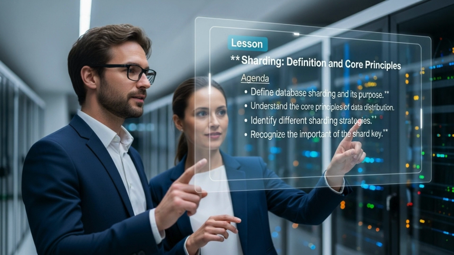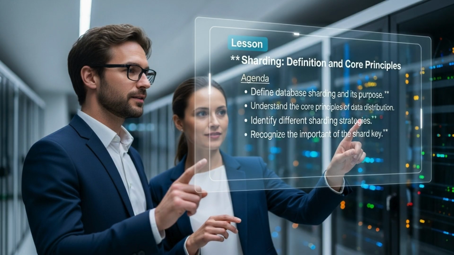Third, we'll explore and identify different strategies for implementing sharding, each with its own advantages, disadvantages, and specific use cases. And finally, you will recognize the critical importance of the shard key, the fundamental element that dictates data partitioning in achieving effective and balanced data distribution. Let's dive in and unlock the power of sharding.